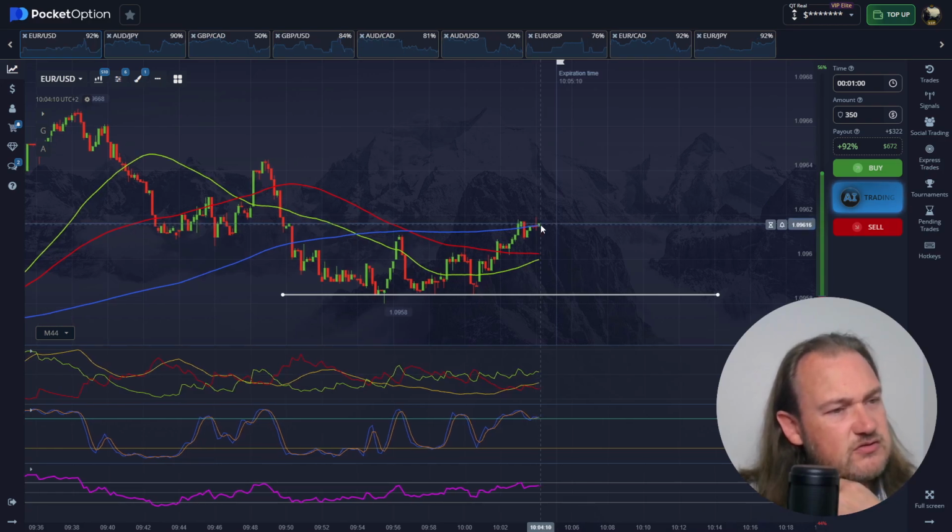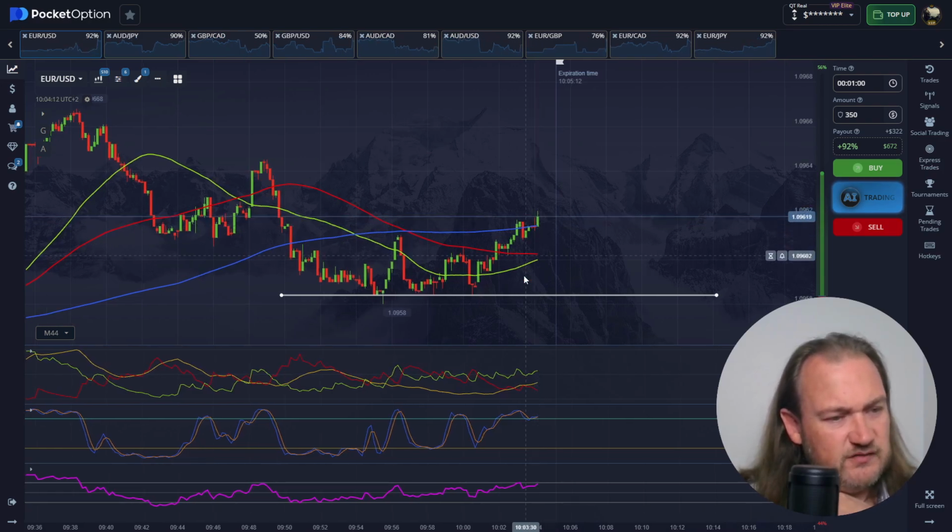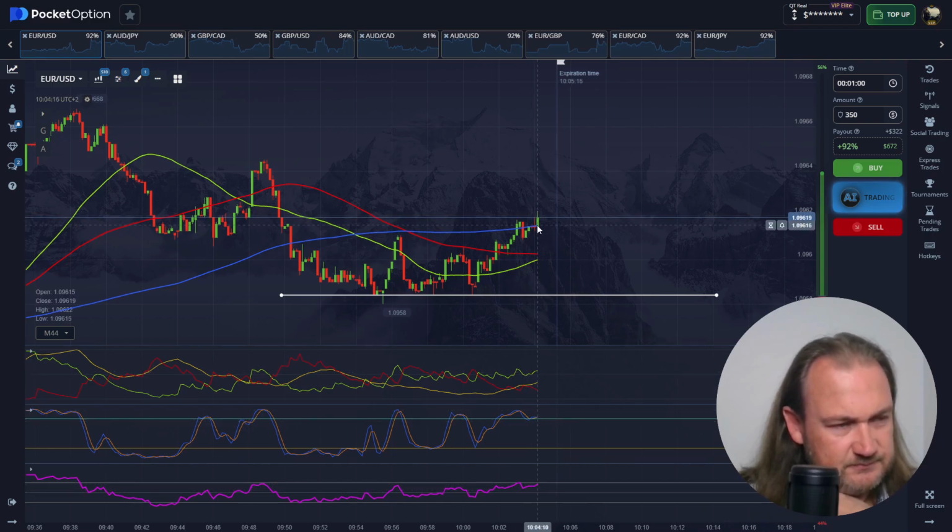This is very faint divergence. Very faint. Valid but faint.